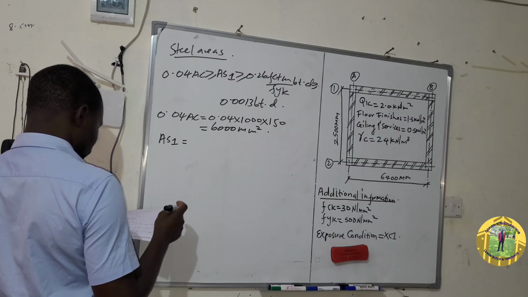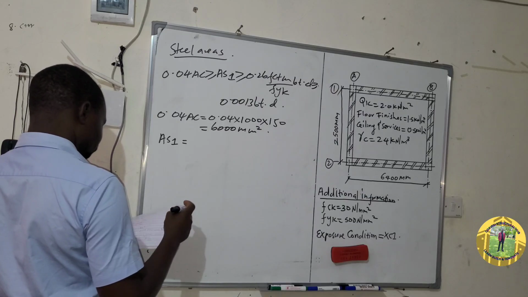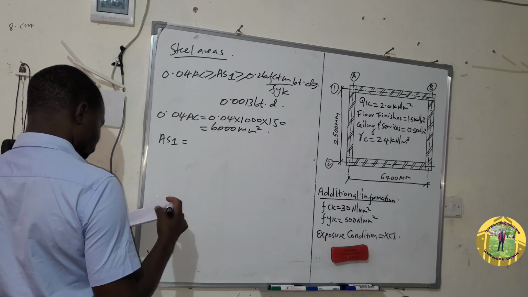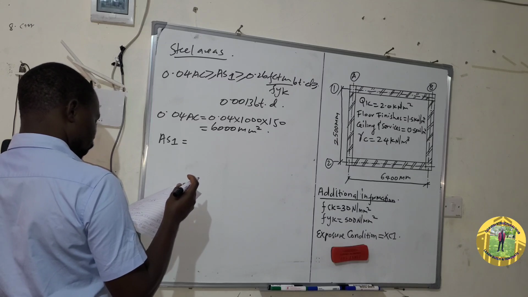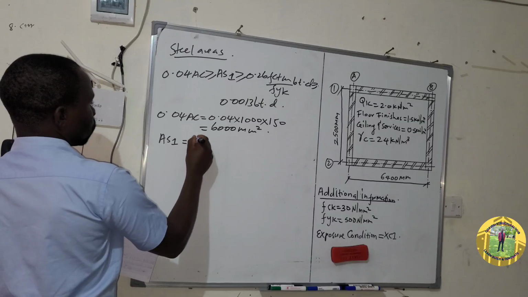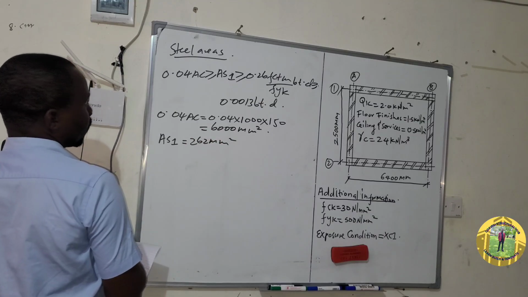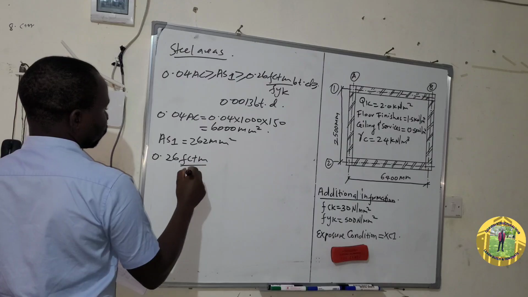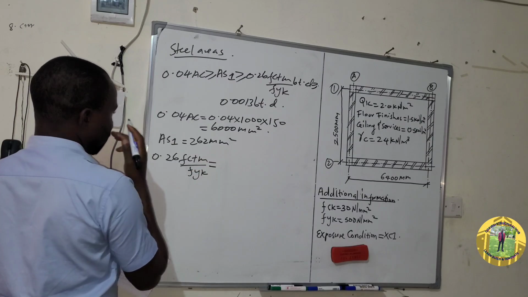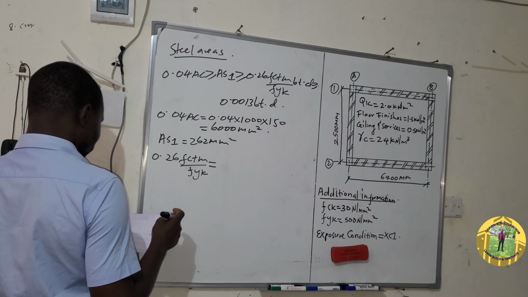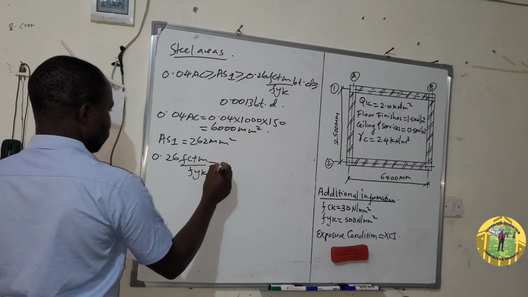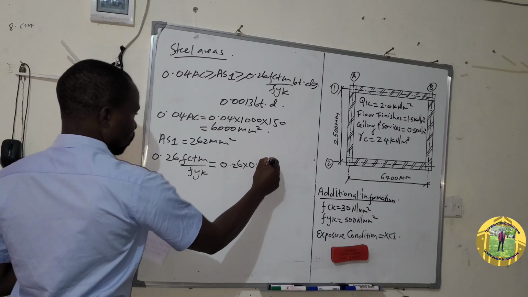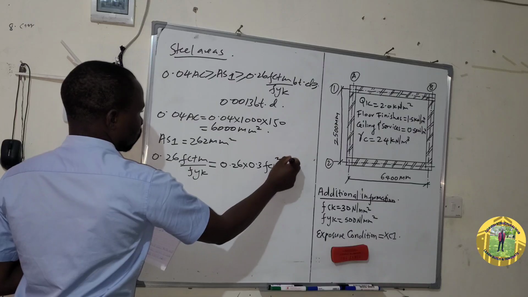And then AS1, this is the area provided, which is, let me check, I think it is 262 millimeter square. And then 0.26 FCTM over FYK is given by this formula, 0.26 times 0.3 FCK raised to power 2 over 3.